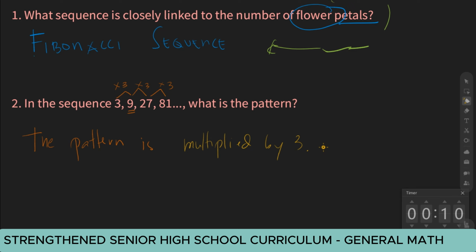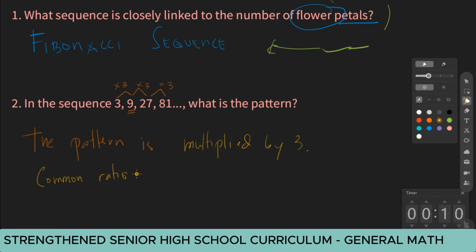With that in mind, we can say that the common ratio is equal to 3. So this is under what sequence? This is under geometric sequence. Very good.